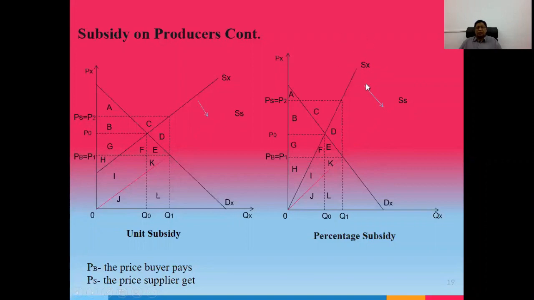The initial supply curve is given by Sx, the initial demand curve is given by Dx, and the initial equilibrium price is P0, quantity Q0.